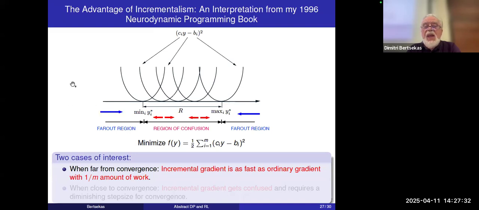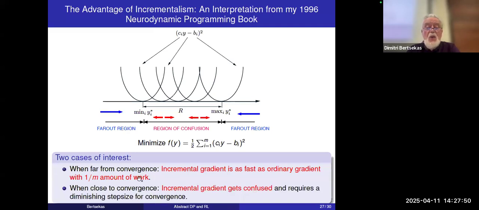Similarly, if you start from the left, you're going to be moving in the right direction. So when you're far from convergence, the incremental gradient method is as fast as the ordinary gradient method, but for only a fraction of the work.